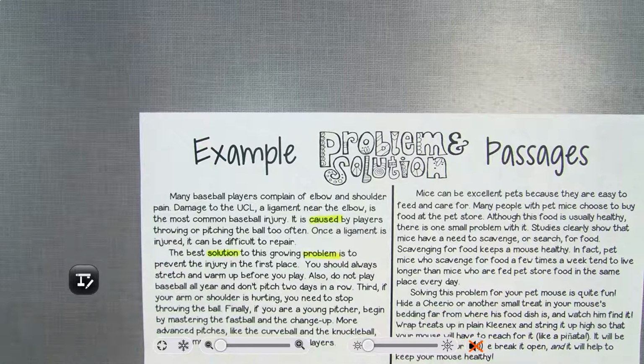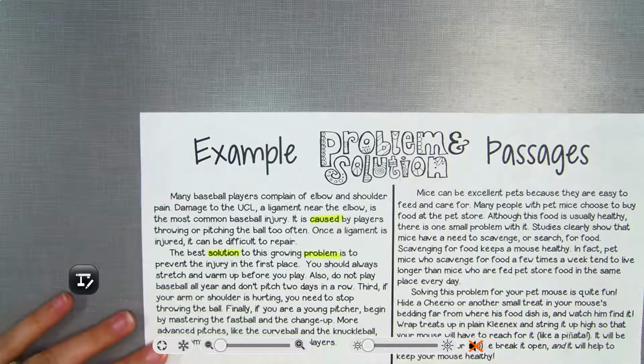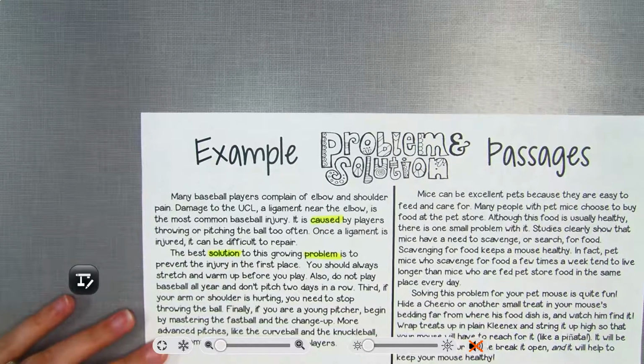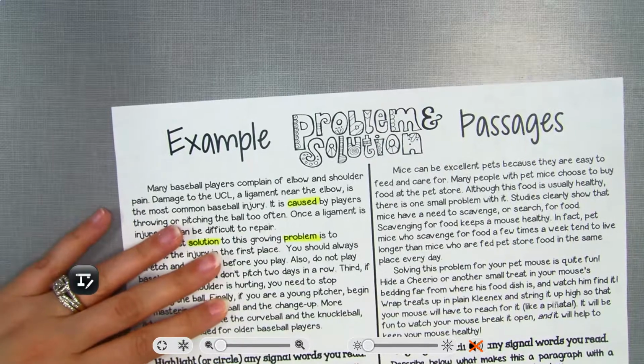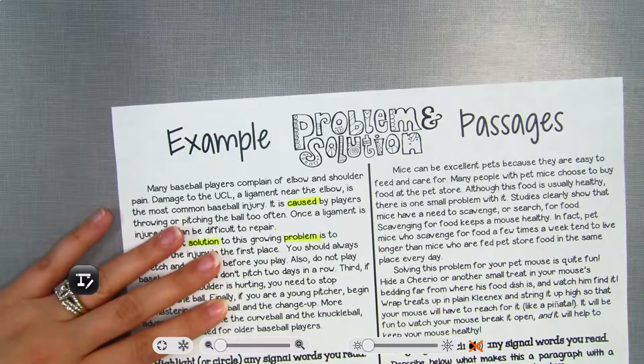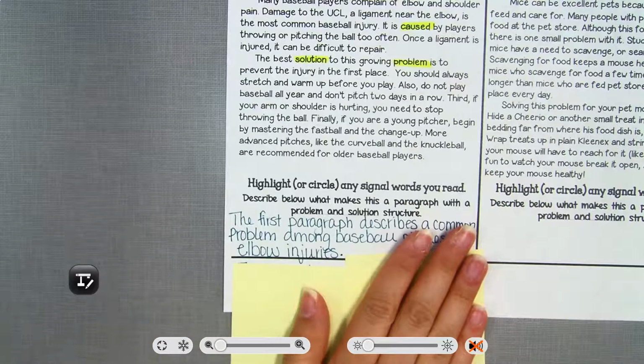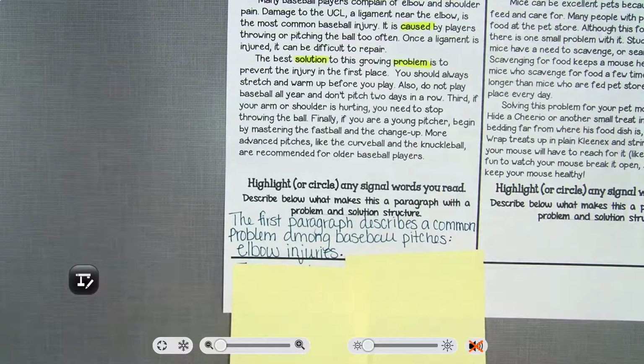Okay, so let's think about, describe below what makes this a paragraph with a problem and solution structure. So, the first paragraph we are reading, and remember, you can stop at any time to copy this down, is the first paragraph describes a common problem among baseball pitchers, elbow injury. So that is the problem, is how baseball players get elbow injuries.